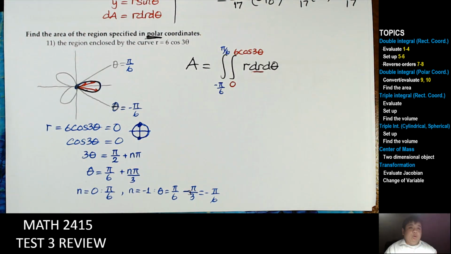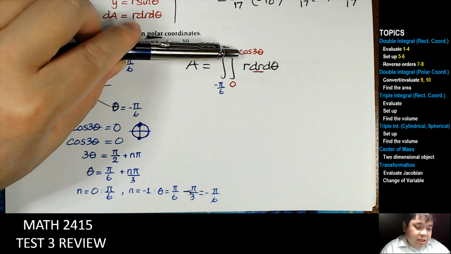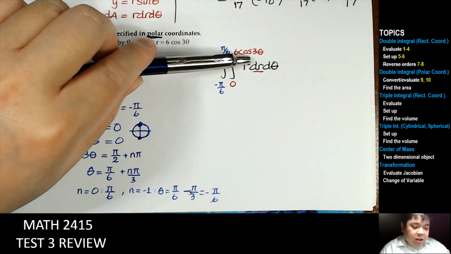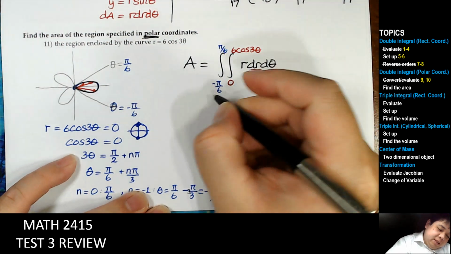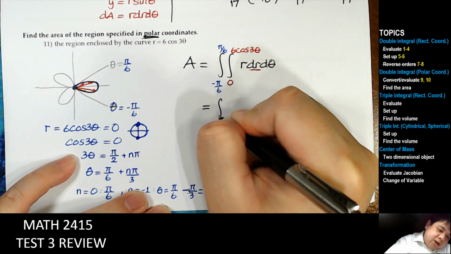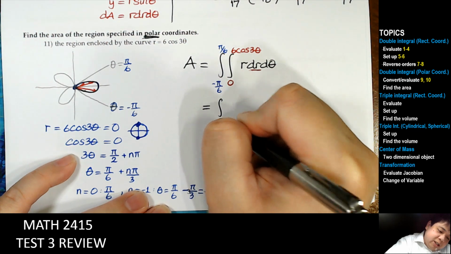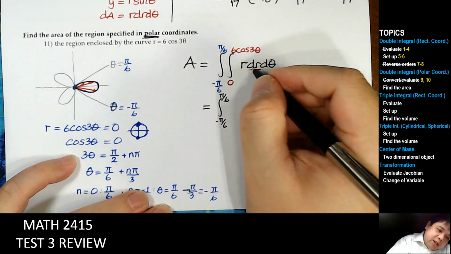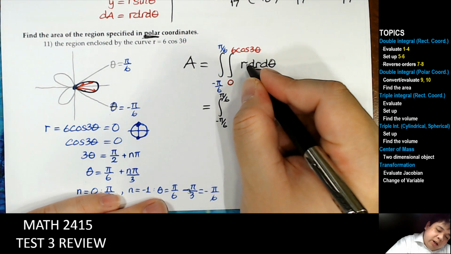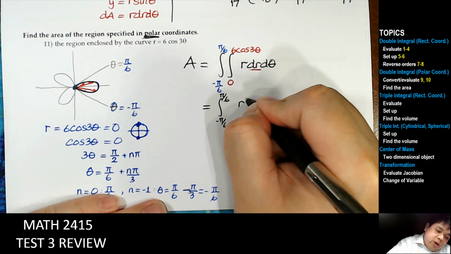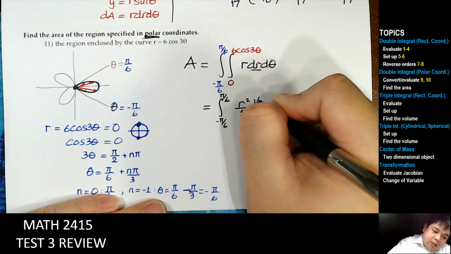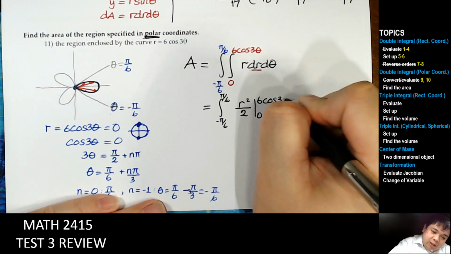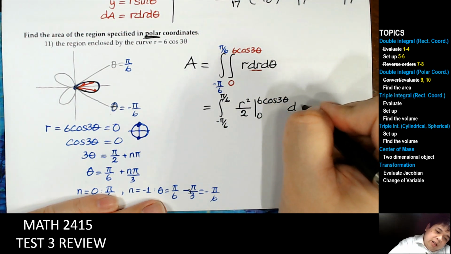Now, Fubini theorem does not work here because we have the limit, not a constant. So we have to do it by hand. It's not that bad. Negative pi over 6, pi over 6. The integral with respect to r is r squared over 2. We go from 0 to 6 cosine 3 theta, and then d theta.